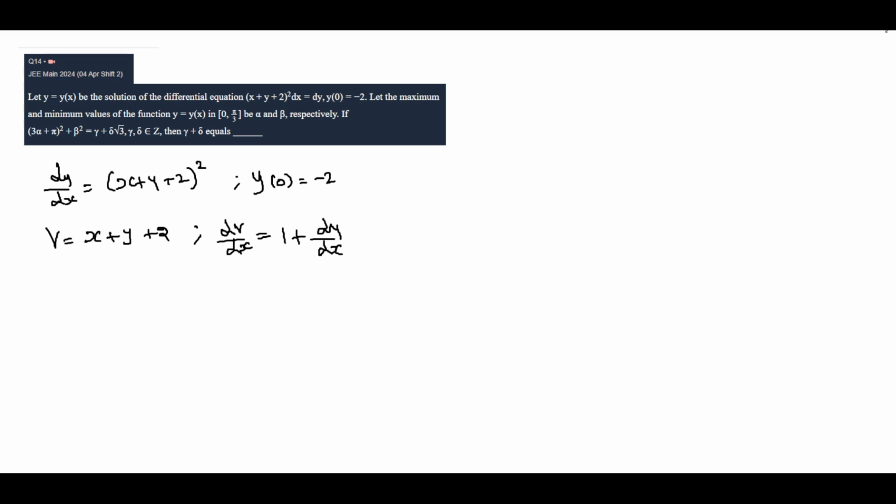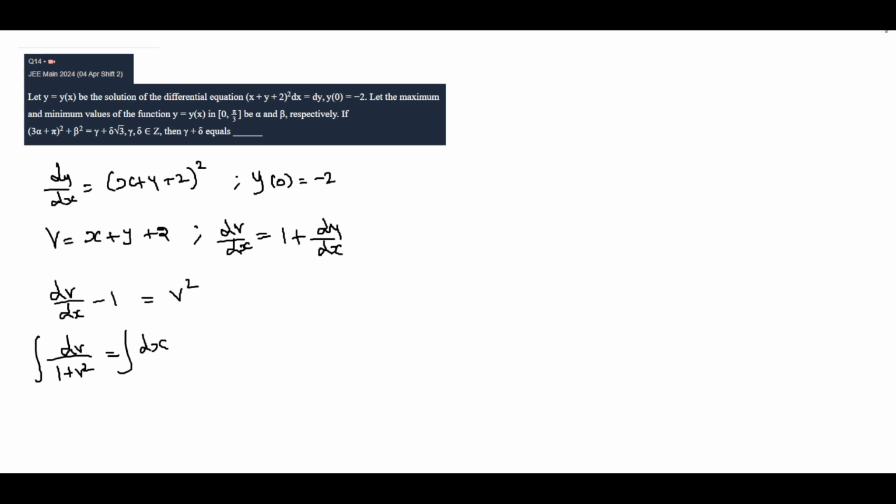Just replace the dy by dx value, that is dv by dx minus 1, which is equal to x plus y plus 2 whole square, means v square. So dv by 1 plus v square equal to dx.